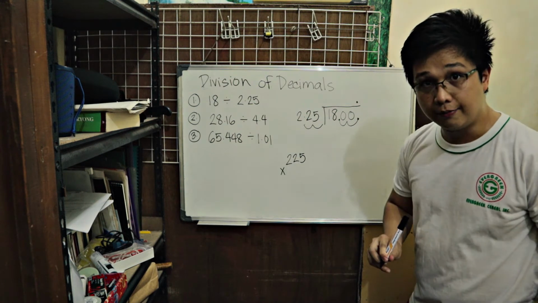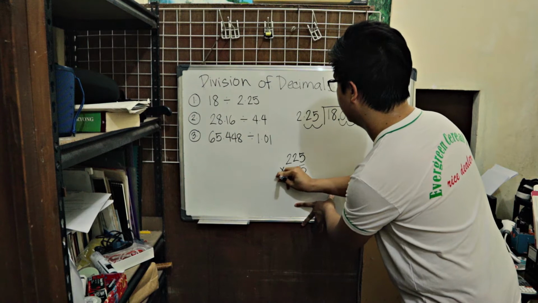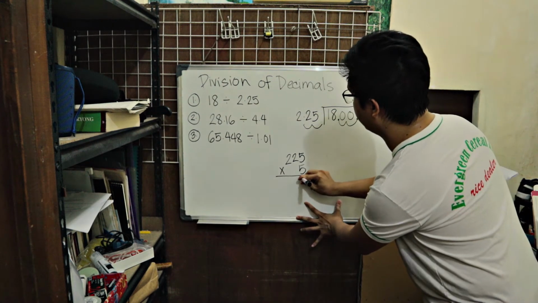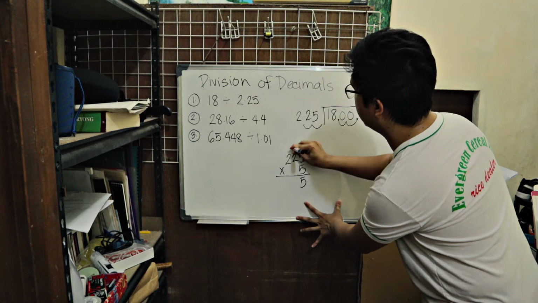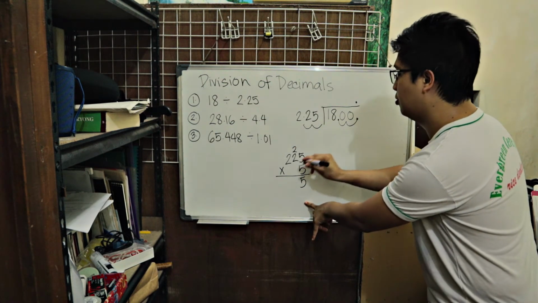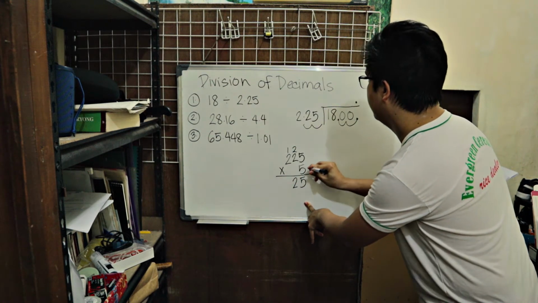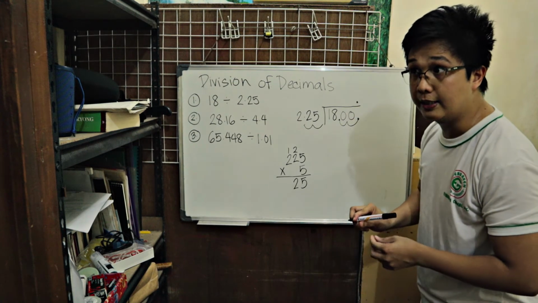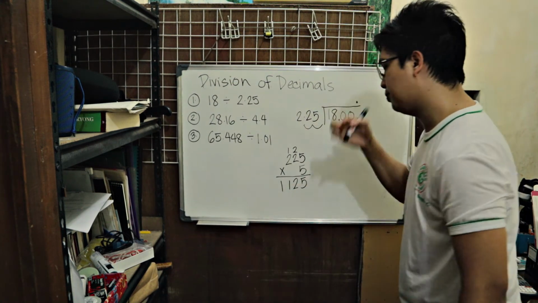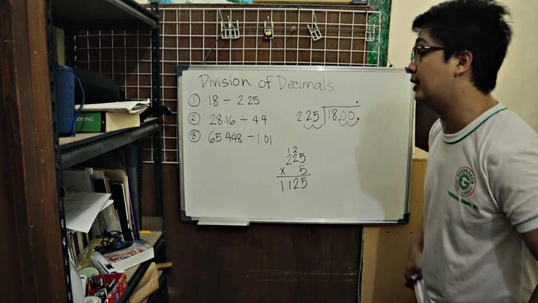Try ta be 5. 5 times 5 is 25. So, 5, carry 2. 5 times 2, that is 10, plus 2, that is 12. So, 2, carry 1. 5 times 2 is 10, plus 1, 11. 1,125. So, medyo lapit na siya sa 1,800.